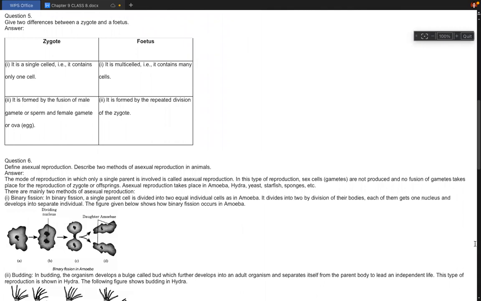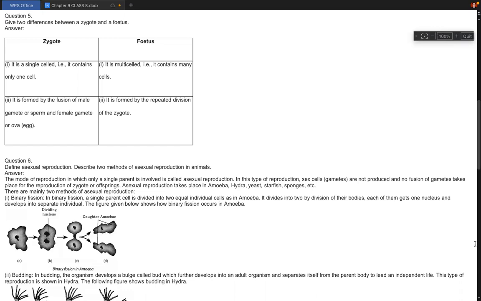Then zygote is formed by the fusion of the male gamete and female gamete, but fetus is formed by the repeated division of the zygote. Beta, don't get confused, okay? Zygote is a single cell, right? After zygote divides into a few cells, what does it form? It does not form the fetus. Before that, it forms the embryo. And from the embryo, when still further division carries on, it forms the fetus.